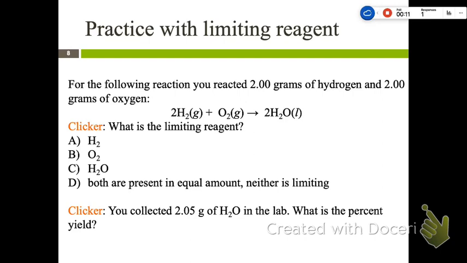We have a reaction between hydrogen and oxygen gas to create water, and it's balanced for us. We start with 2 grams of each. Which, if either, is our limiting reagent? Think about how you might answer this question.